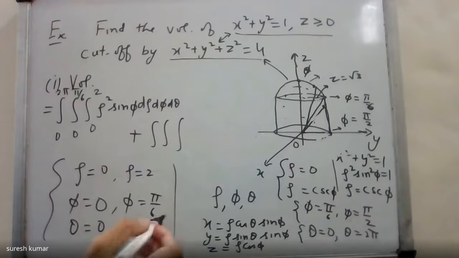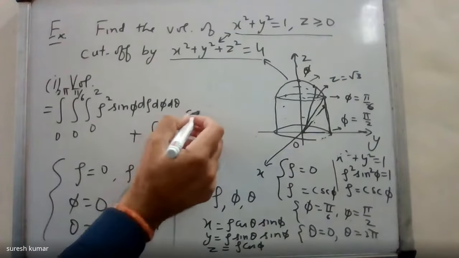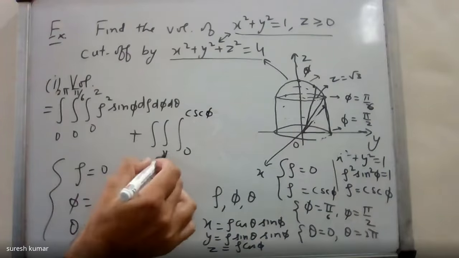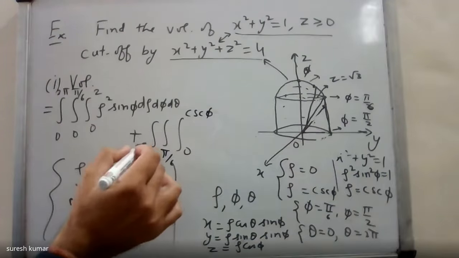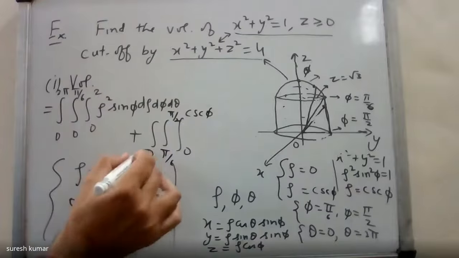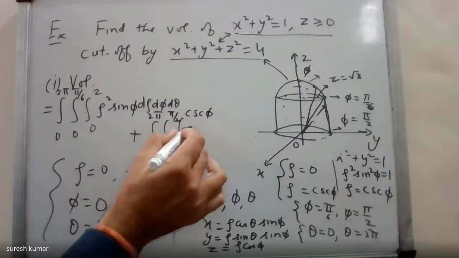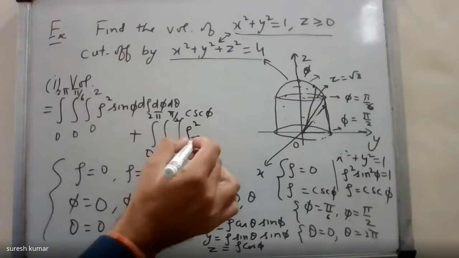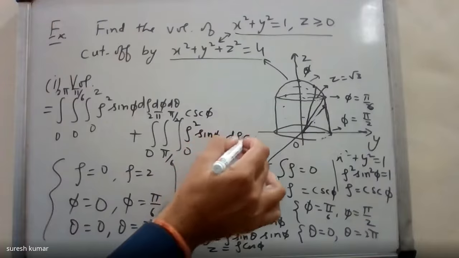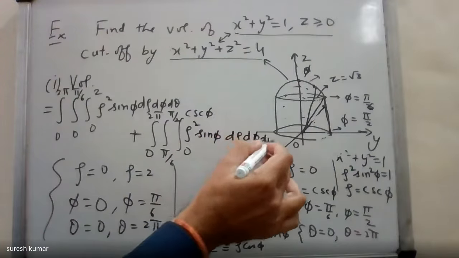So this time we will write rho goes from 0 to cosecant phi. Phi pi by 6 to pi by 2, and theta 0 to 2 pi. Again, dx dy dz equals rho square sine phi, the Jacobian, into d rho d phi d theta.